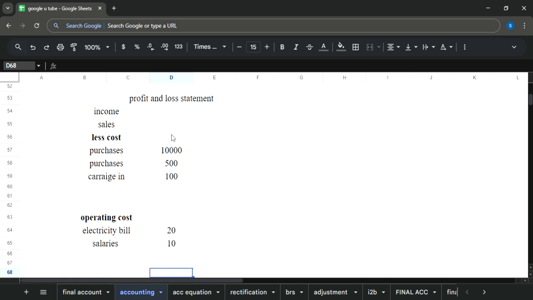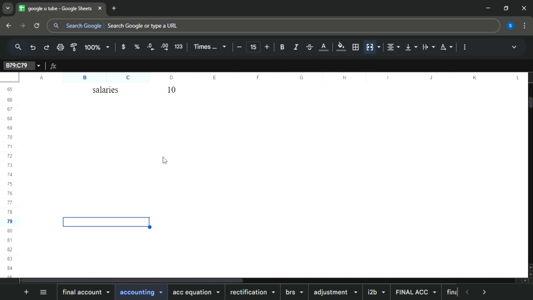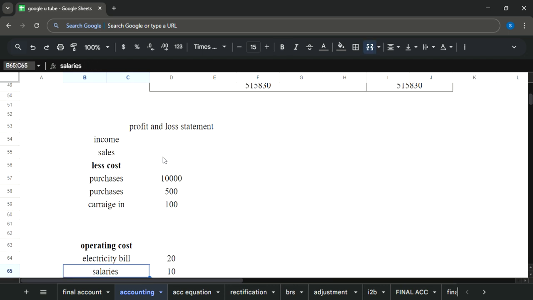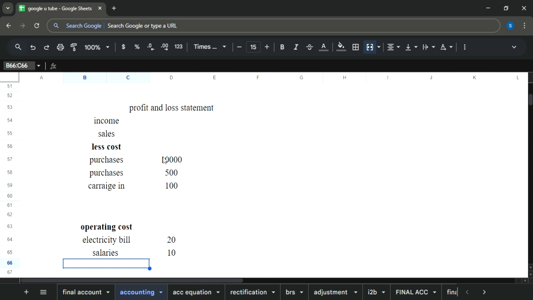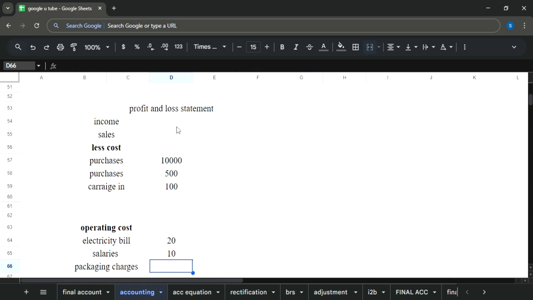And after that, we will see what the next item is, packaging charges. Again, it's an expense. So here packaging charges would be written. Amount of packaging charges $40. So here you will put $40.